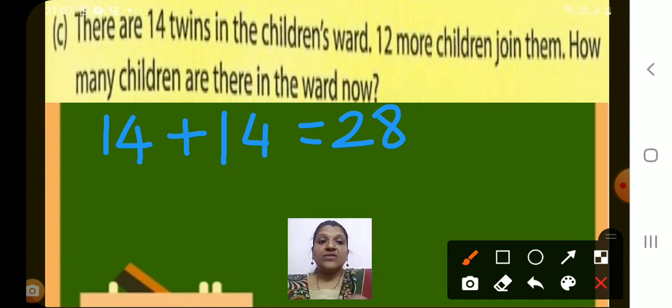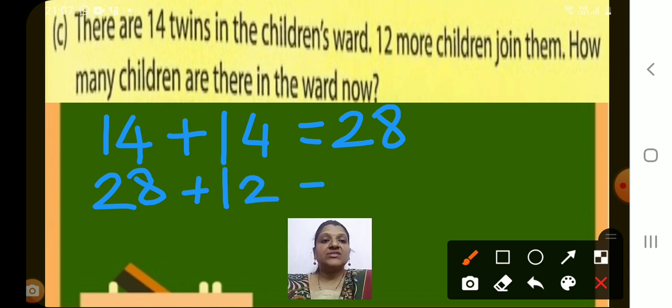So here also we have to do the addition. 28 plus 12. So what is 28 plus 12? Tell me children. 40. Yes, this you have to do by carryover method. Right children? Yes, the answer is 40 children.